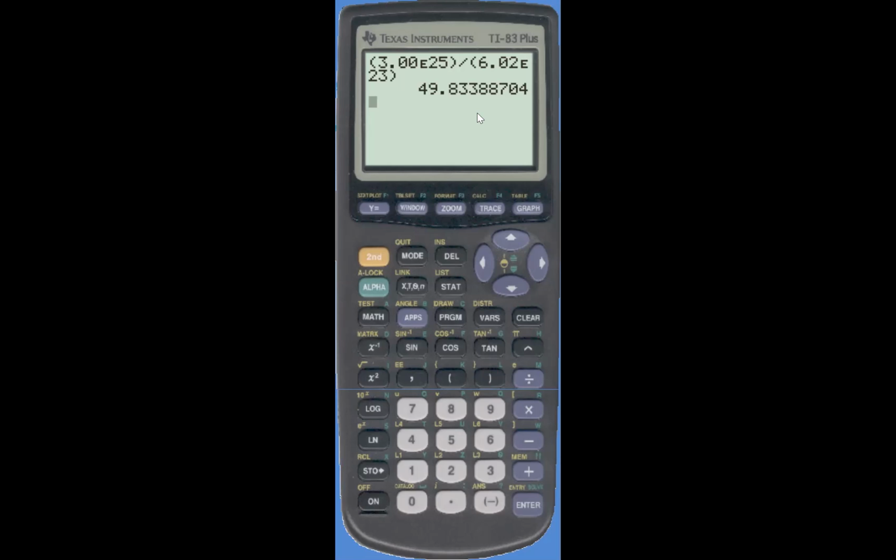So I'm going to multiply that value by 74.55, and that will give me the mass of the KCl, which turns out to be 3715.116, or roughly 3715.12 grams of KCl.